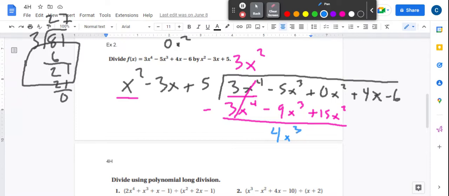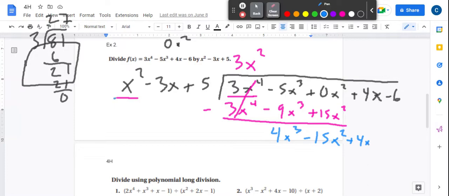Okay. Next, we have 0x squared minus 15x squared. So that's going to give us negative 15x squared. Okay. After that, we're going to pull down this plus 4x here. Now we're going to repeat the process. Okay.